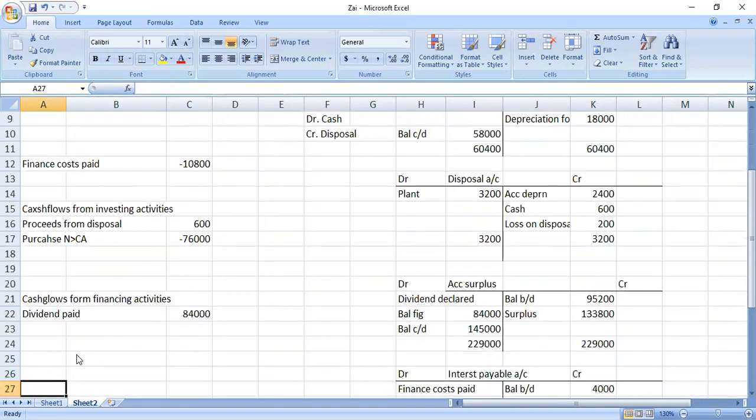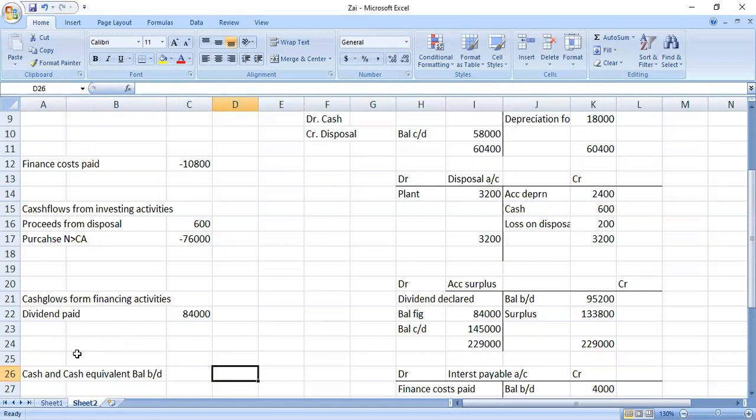At the end, you bring cash and cash equivalents. At the beginning of the year, you have the balance brought down. The opening balance comes here.